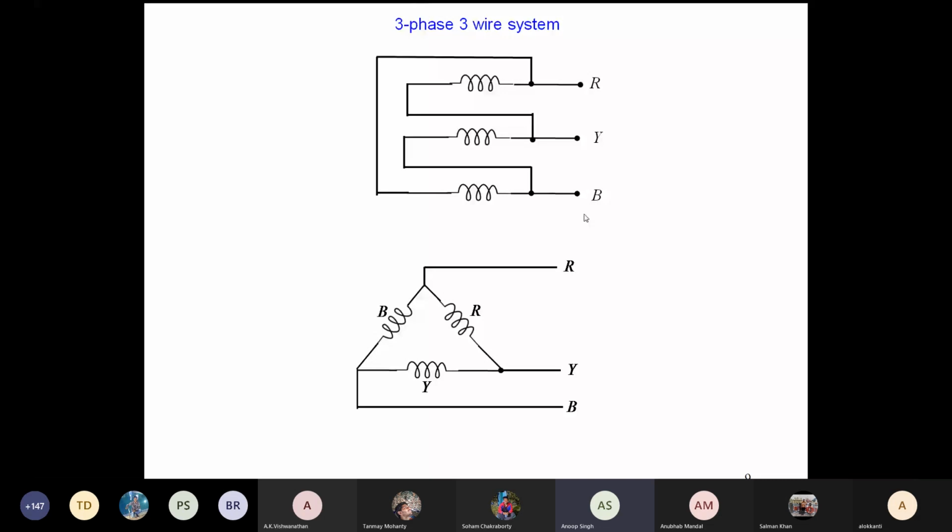The wires will break, sir. No, there are mechanical arrangements so that they don't break. They are solidly fastened. There is an elaborate mechanical arrangement; it is more of a mechanical type of work. They are very robust.